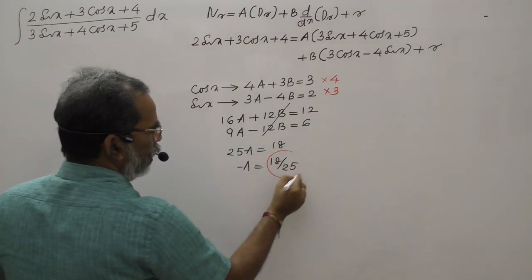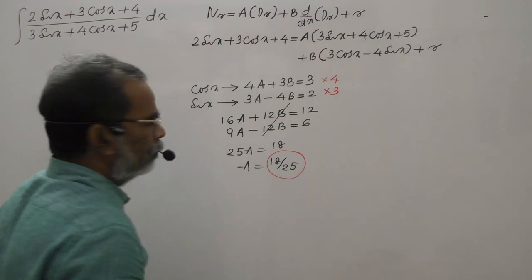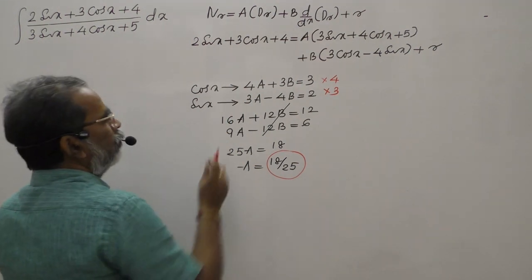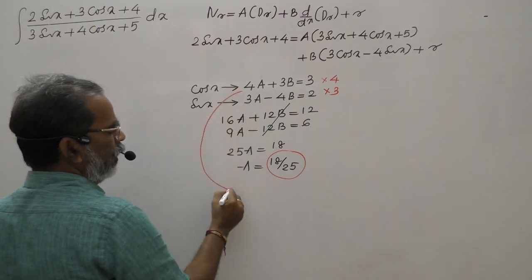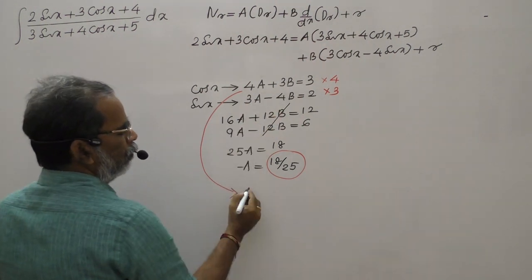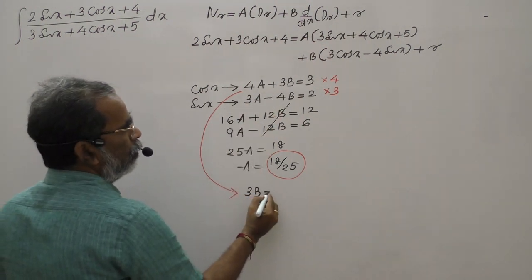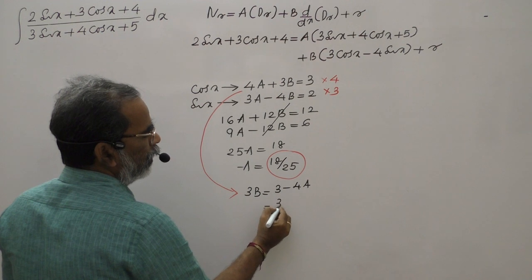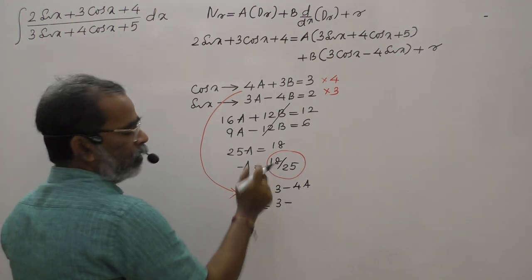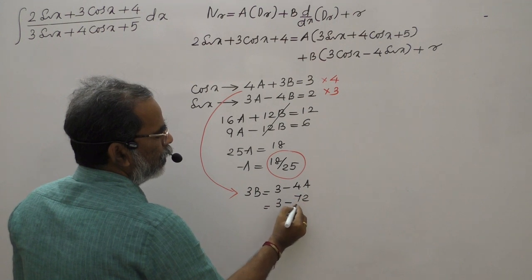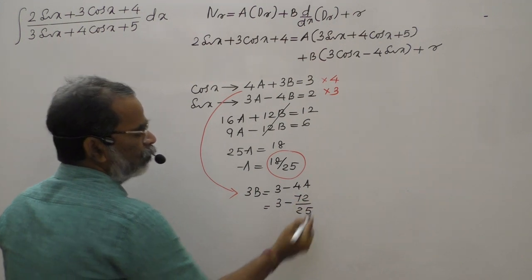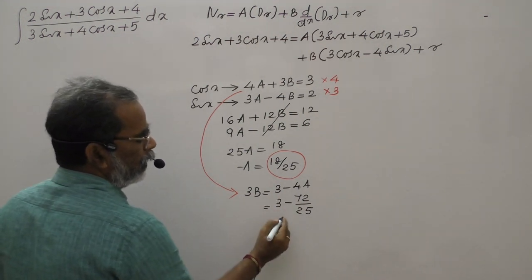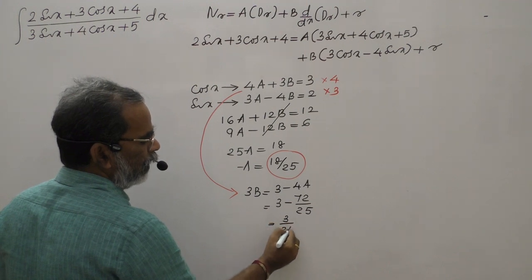One value is obtained. Next, I will write the b value in this or this. If I take this one, you can take any one. From this, 3b is 3 minus 4a, that is 3 minus 4 into 18 by 25. 4 into 18 is 72, so 75 minus 72 over 25, which is 3 by 25.